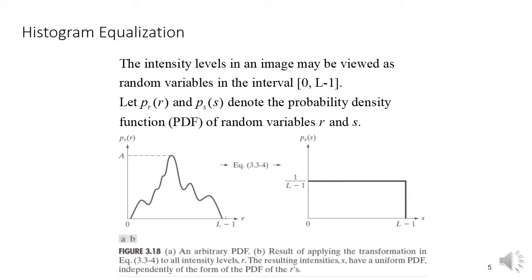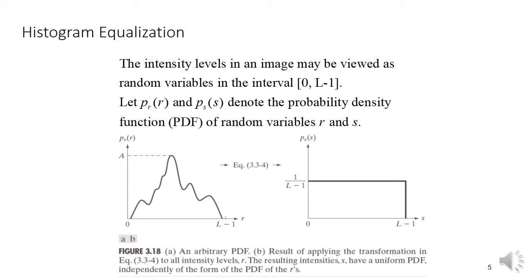So here we have an arbitrary probability distribution function over 0 to L minus 1, and if we consider an arbitrary PDF, we have an arbitrary function.